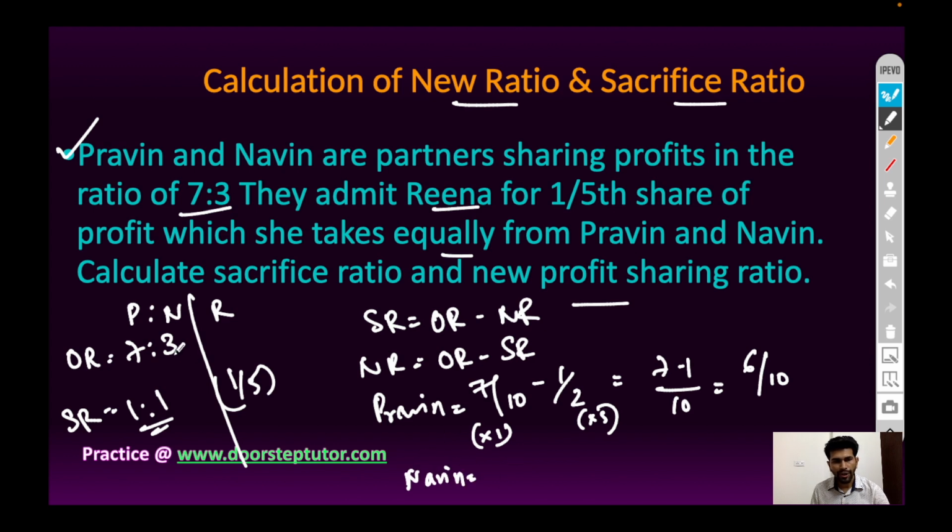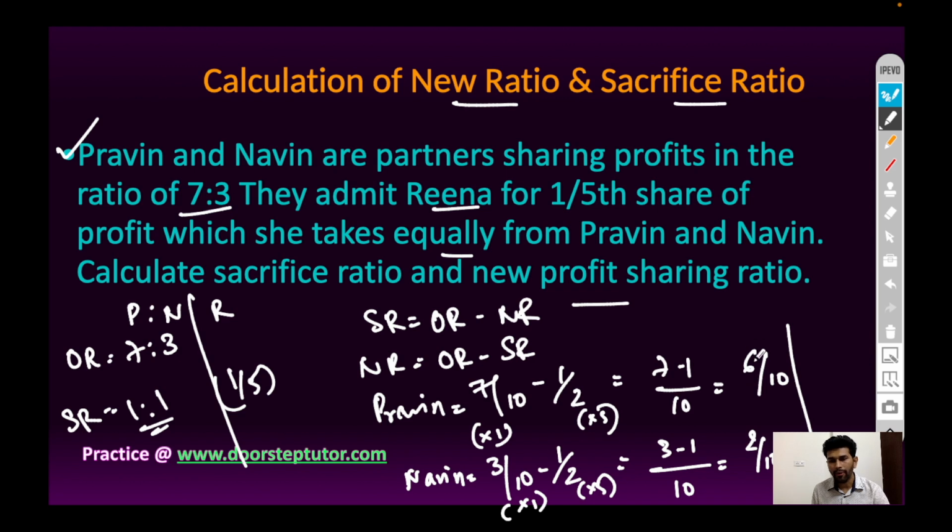Now we will calculate the new ratio of Naveen, equals old ratio 3 by 10 minus sacrifice ratio 1 by 2. So 3 minus 1 divided by 10 will be equal to 2 by 10. And now Reena's share will be the balancing amount, that is 10 minus 6 and 2.